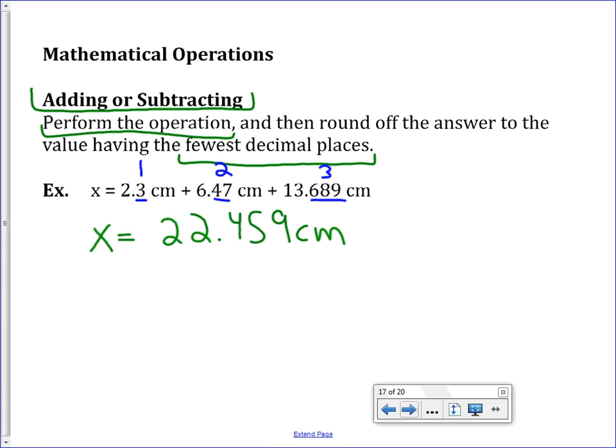And in 2.3, we only have 1 decimal place. So our answer has to have the same number of decimal places as the one with the fewest. In this case, our answer should only have 1 decimal place. So we will round off the end of our answer to reflect that, and in this case, we'll round up so that our final answer will be 22.5 centimeters.